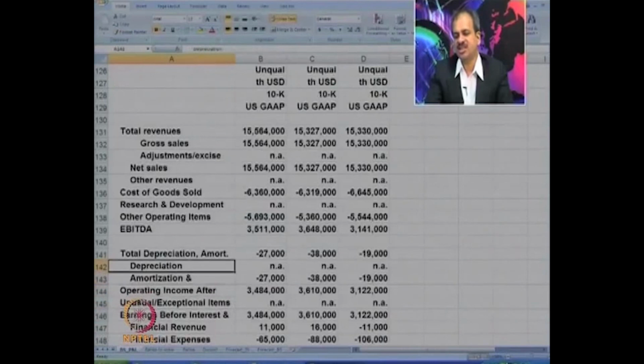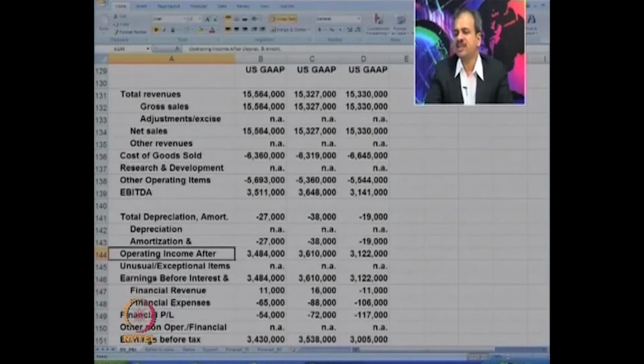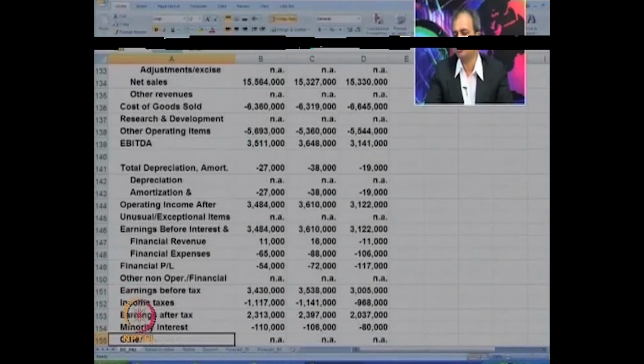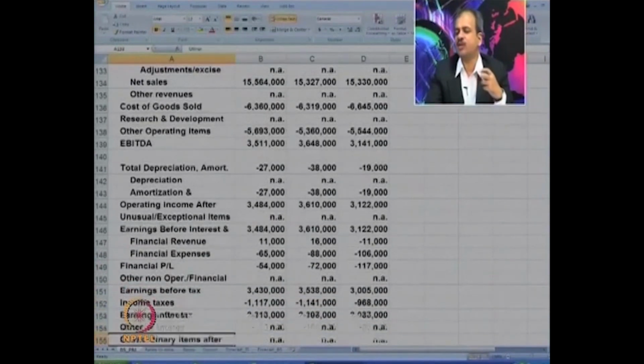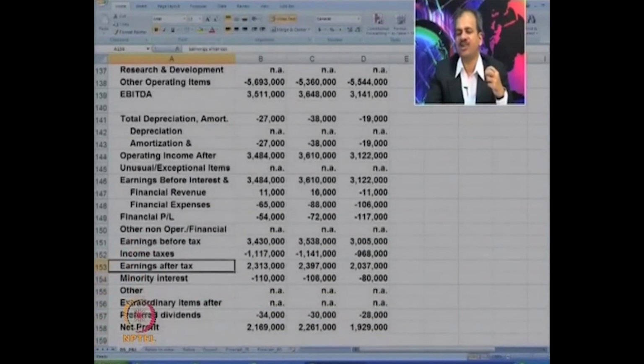After that the depreciation is reduced, amortization is reduced, then we get earnings after depreciation before interest, then interest is charged, last income taxes are calculated, and then we get earning after tax, which in India popularly we call as profit after tax.